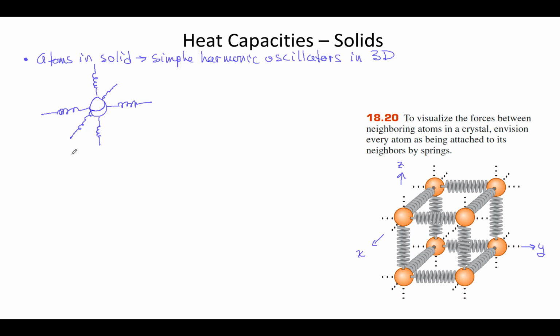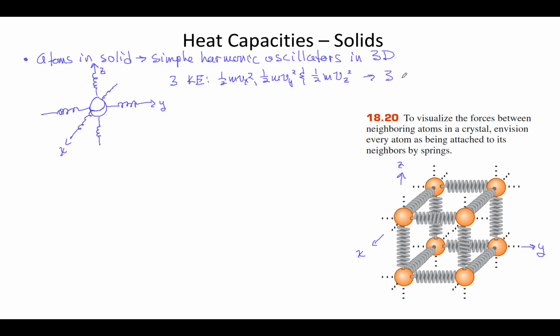And so the idea is that you're going to have vibration in x, y, and z, and that you will have 3 kinetic energies of a simple harmonic oscillator, 1/2 m v_x squared, 1/2 m v_y squared, and 1/2 m v_z squared.